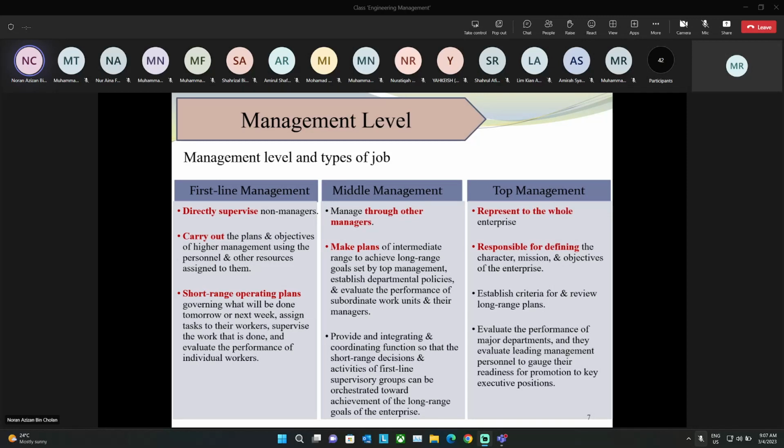Another important job for the top management is to evaluate the performance of the company. I always mention Unify because it's my area, so it's easier for me to give examples.